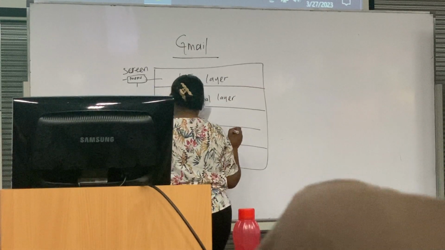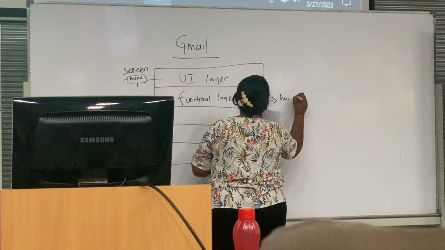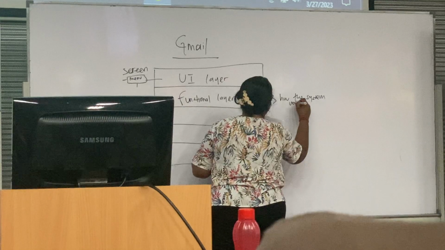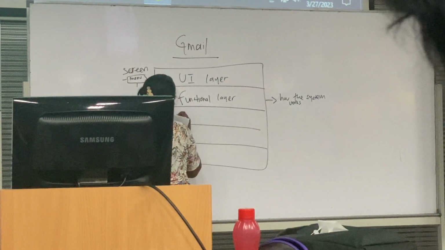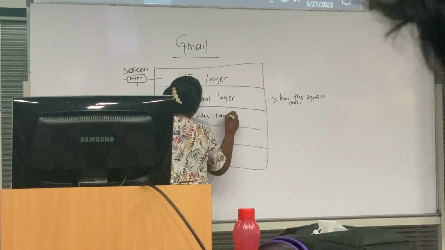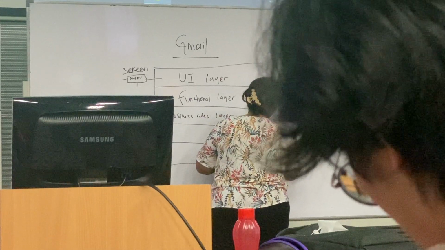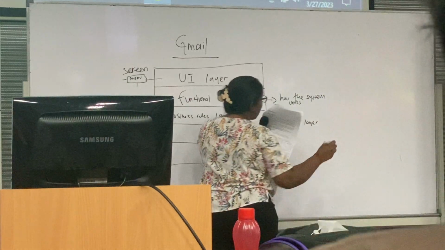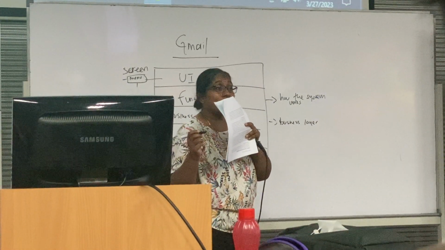The functional layer describes how the system works. Next is the business rule layer. This is about the business rules, for example, remember that we studied the external organization policies, all that.